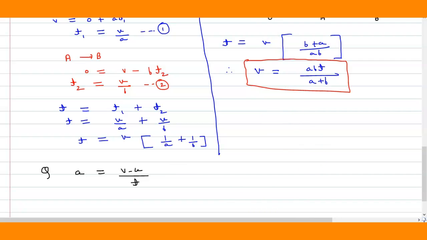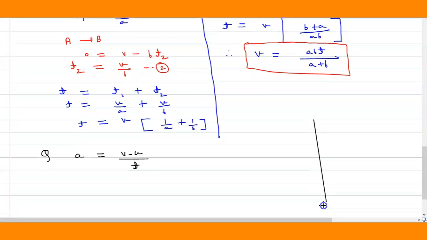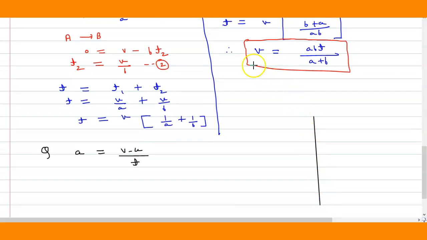First of all, we draw the diagram. This is the diagram. From A to B, it travels a height of 20 meters.